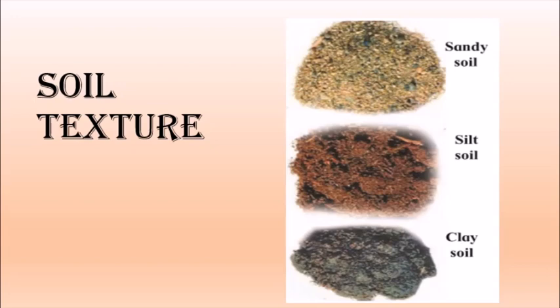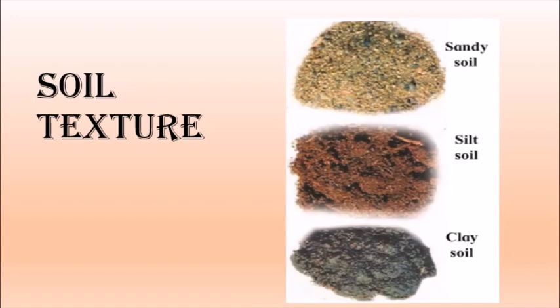It contains a large amount of organic matter. Water holding capacity of this soil is the most. It is highly fertile, so it is used to grow plants. For silt soil, you can use it for growing plants, for gardening or for agriculture purposes.